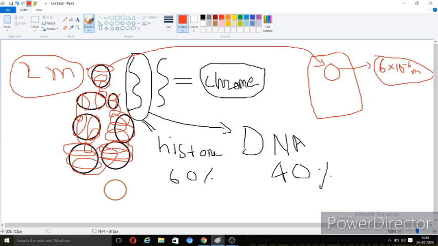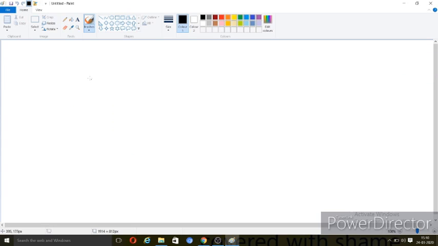That's why, as we already understand, this chromosome is made up of two chromatins. So this is chromatin 1 and this is chromatin 2. When they combine, they attach to each other in such a way.